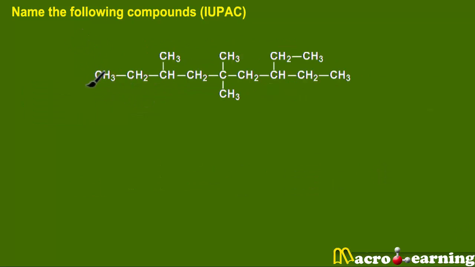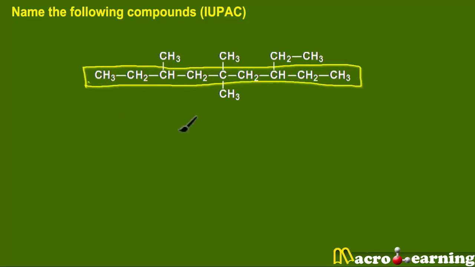Okay, the main chain for this one obviously is here, and we have, I think, 4 substituents: these 3 methyl groups and this 1 ethyl group.